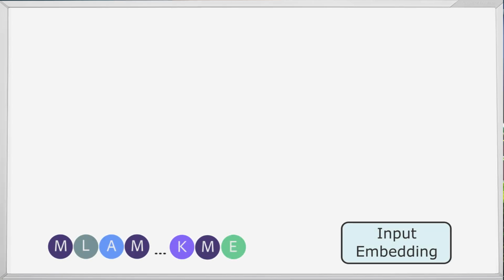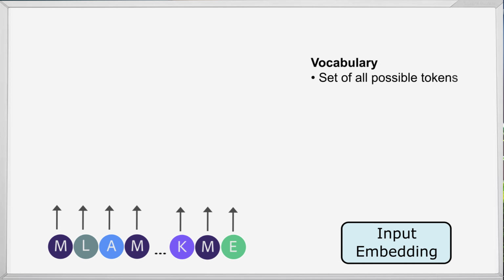We remember that we need to divide the input sequence into smaller subsections, the so-called tokens. For proteins, each amino acid is a separate token. Each unique token, or in this case amino acid, gets assigned to a unique token ID. The set of all possible tokens in the model is called the vocabulary.